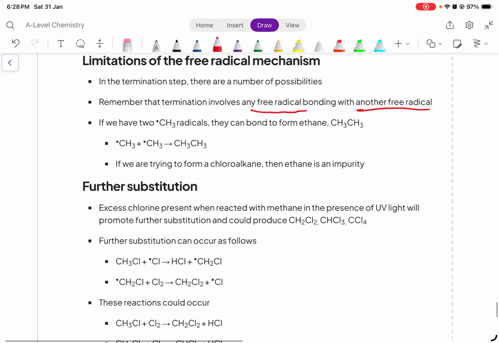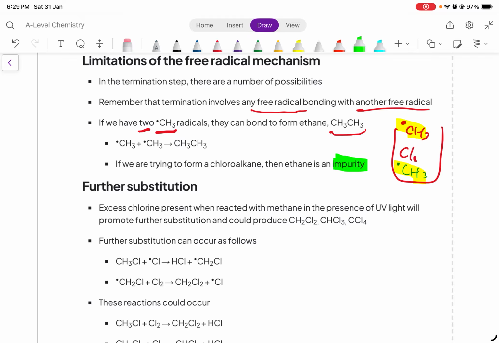Okay, so for example, if I have a CH3 radical and another CH3 radical, two of them, they will form C2H6. But the problem is, if we want to form chloroalkane, the whole container is full of CH3, and I have Cl2, so it may be that I combine with another CH3. Sorry, that should be a free radical. It may combine with this one, and some may combine with Cl, so that results in impurity. But of course, we also get some further substitution. Okay, so it does mean we need more UV light.